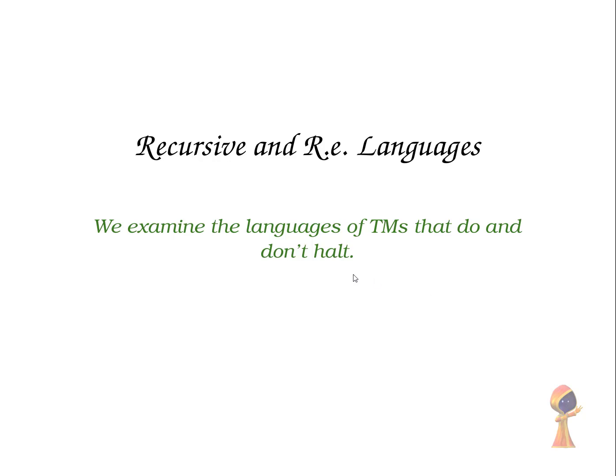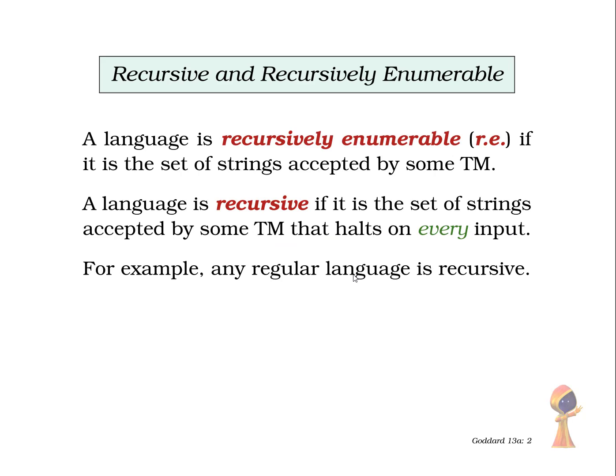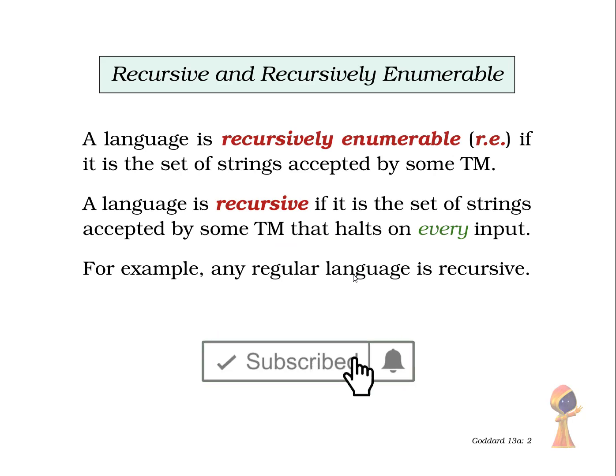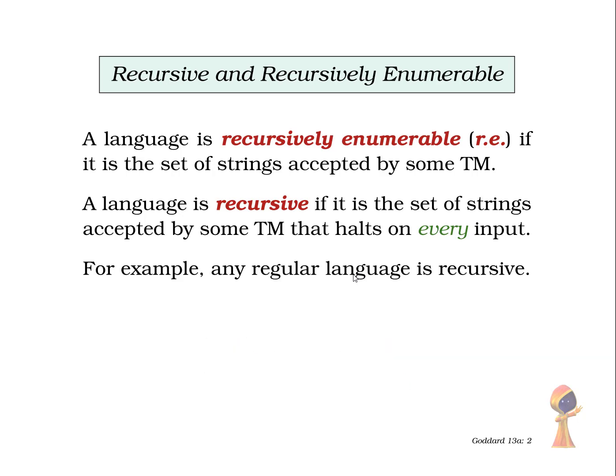A language is considered recursively enumerable if it consists of a set of strings which are accepted by some Turing machine. So if there's any Turing machine that accepts a set of strings, then that language is called recursively enumerable.